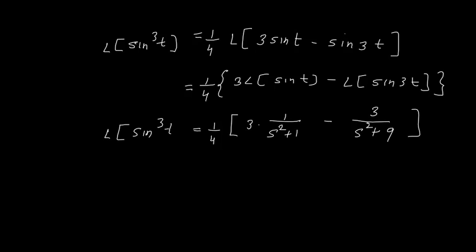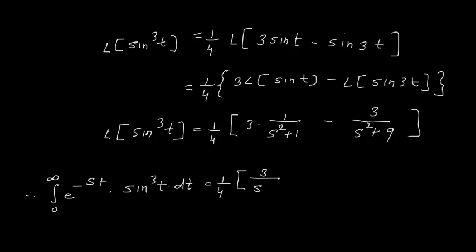Now if I apply the definition, so therefore I will get 0 to infinity e power minus st into sine cube t dt. This will be 1 upon 4 into 3 upon s square plus 1 minus 3 upon s square plus 9.